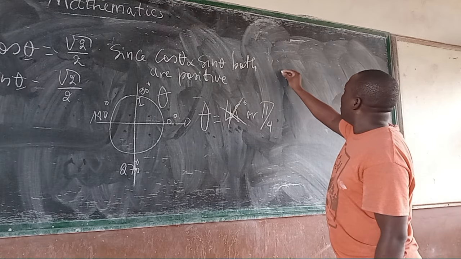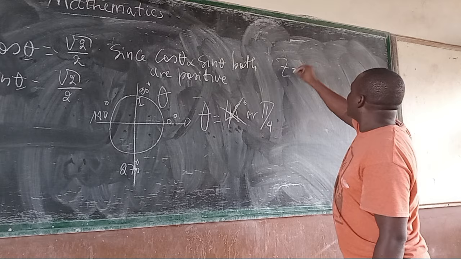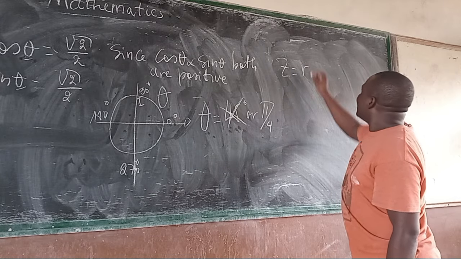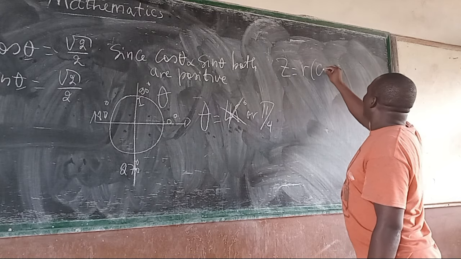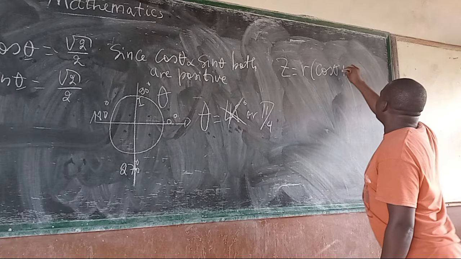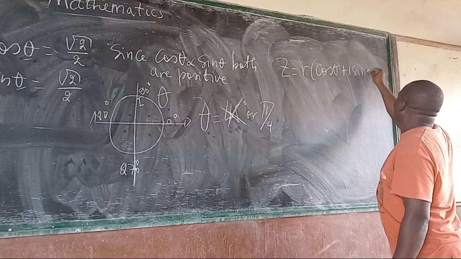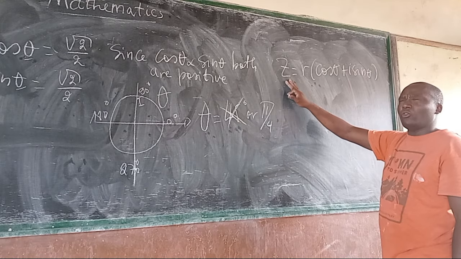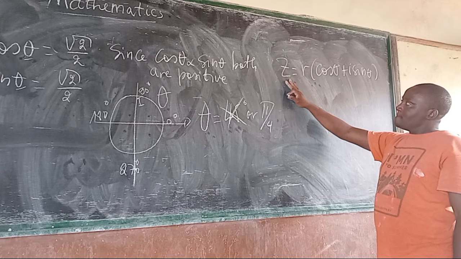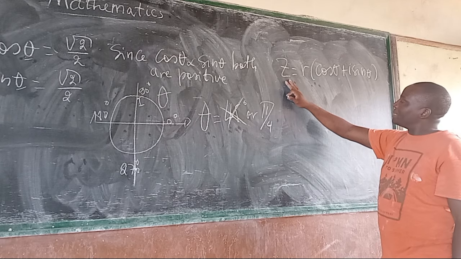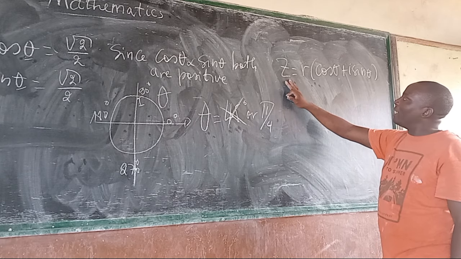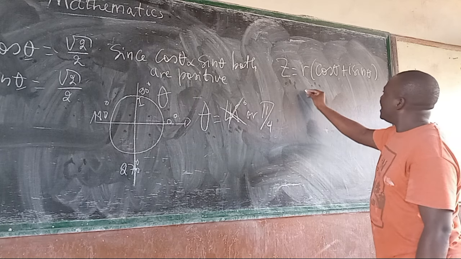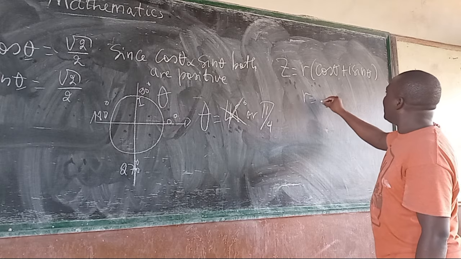Then, as I know, complex number z equal to how many? Radius in factor of cosine of an angle, positive i sine of that angle. This is a good form of complex number z in polar form. Where these are equal to how many?